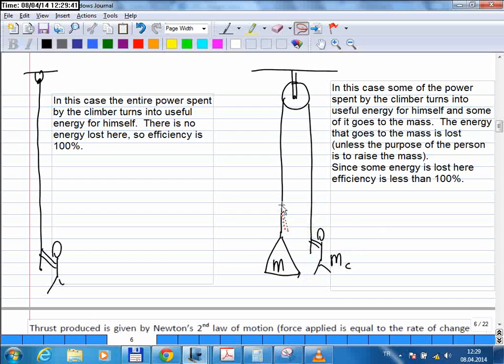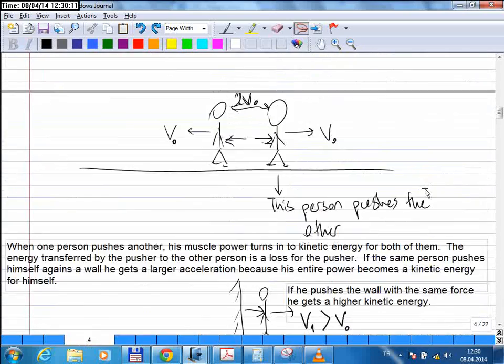In the first case he can do that, using his own muscle power to increase his kinetic and potential energies. But in this case, the same effort goes into increasing the energy of this mass, and that becomes a loss for that person. Okay? So the same analogy can be applied here.